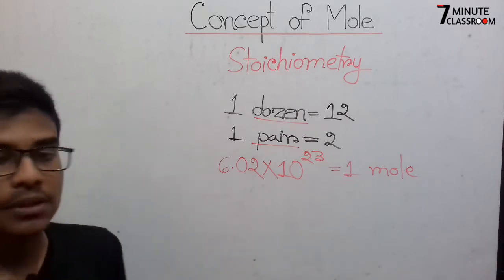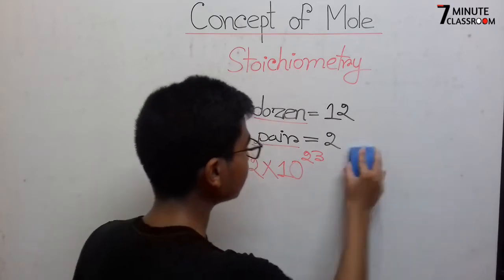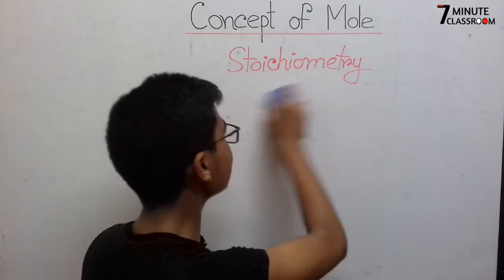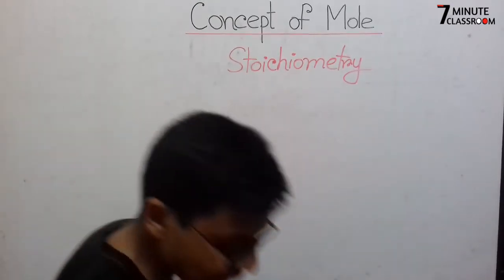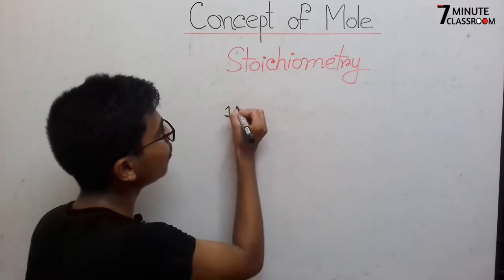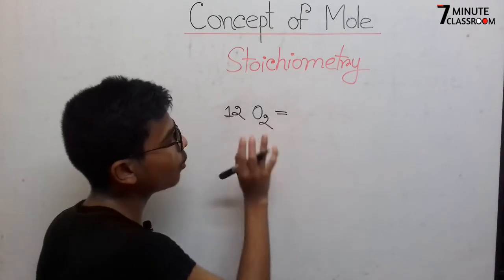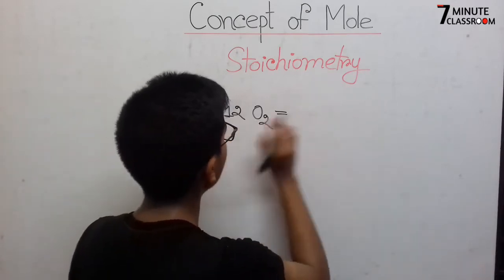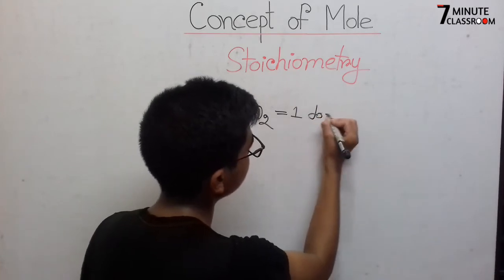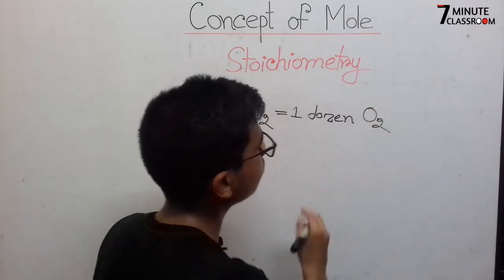If I give you some more examples clearly, I am erasing all that and giving examples with the elements or atoms related to chemistry. 12 O2 molecules equal 1 dozen O2, or 12 molecules of oxygen.